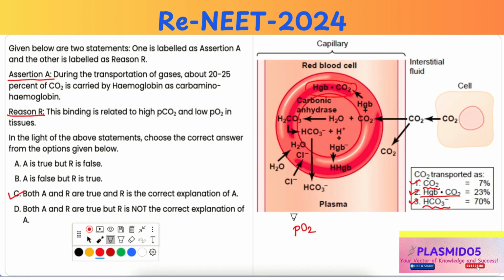Now, when partial pressure of carbon dioxide is high and partial pressure of oxygen is low as in the tissues, more binding of CO2 occurs, and percentage of gas transported depends upon its partial pressure. Now, if partial pressure decreases, transportation of gases also decreases with hemoglobin. So, reason is the correct explanation of assertion.